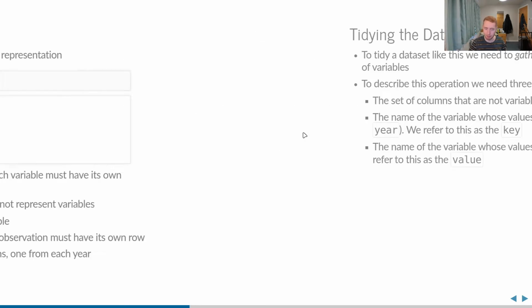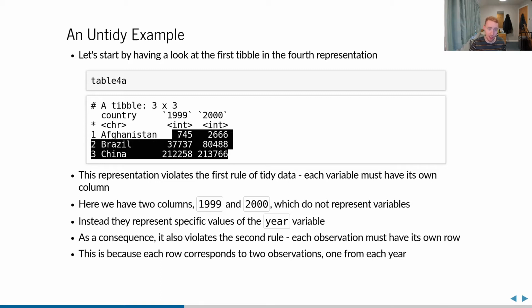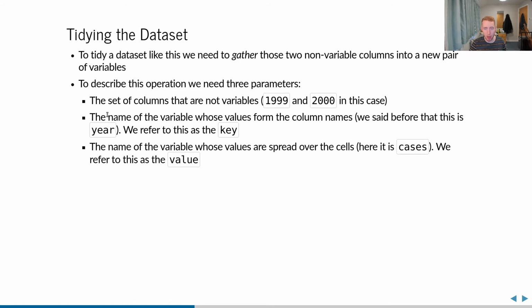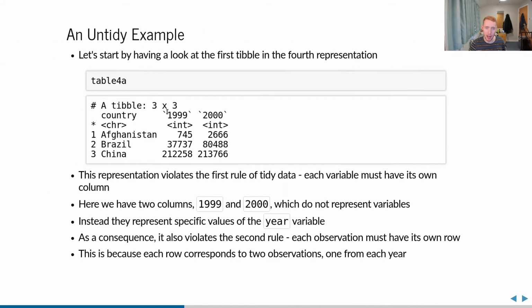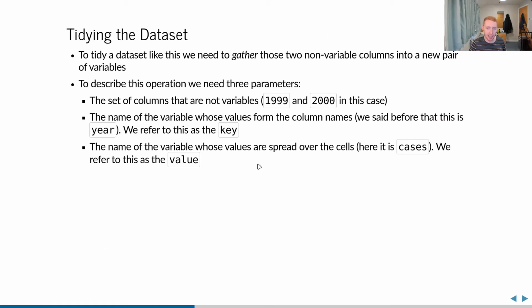One's going to contain the values that are currently column headers, and the other one's going to contain the values that are in the dataset itself. So we're first going to need to assign a name to the new variable that's going to store the information in the current column headers. We refer to this as the key. Bit of a confusing name, but the other one's called value, and the value makes sense.